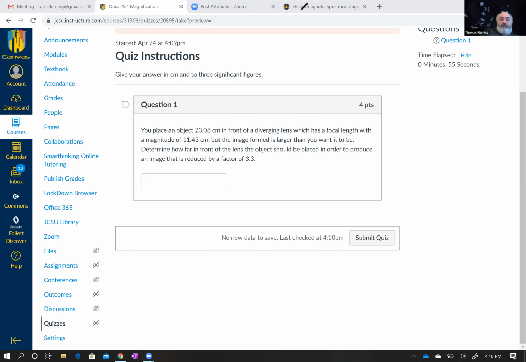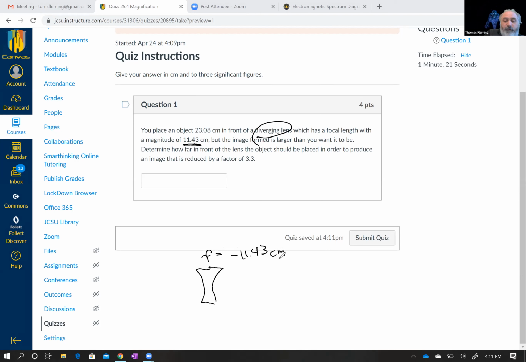In my original setup, here's my lens, and it says it's a diverging lens, right? Diverging lenses are thicker at the edges and thinner in the middle. It also tells me that even though they gave me the focal length, the fact that it's diverging means the focal length is negative 11.43, right?